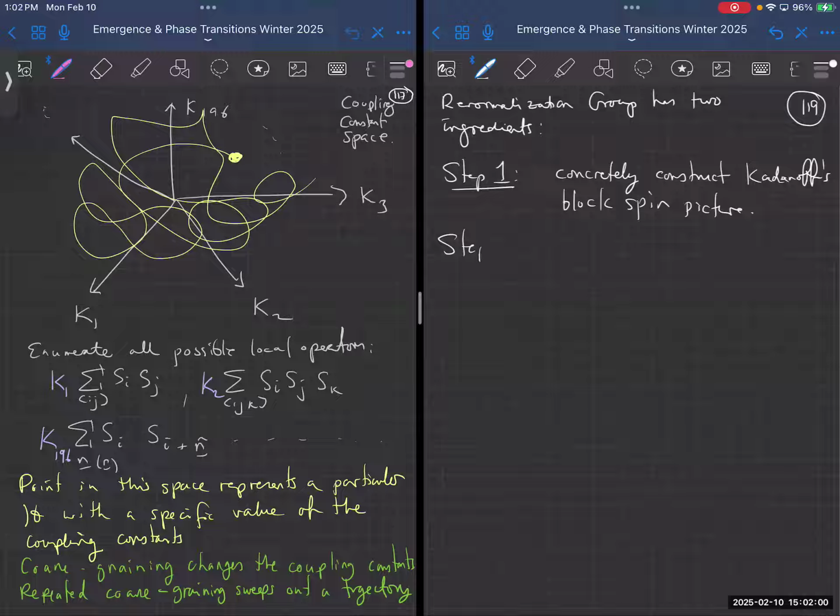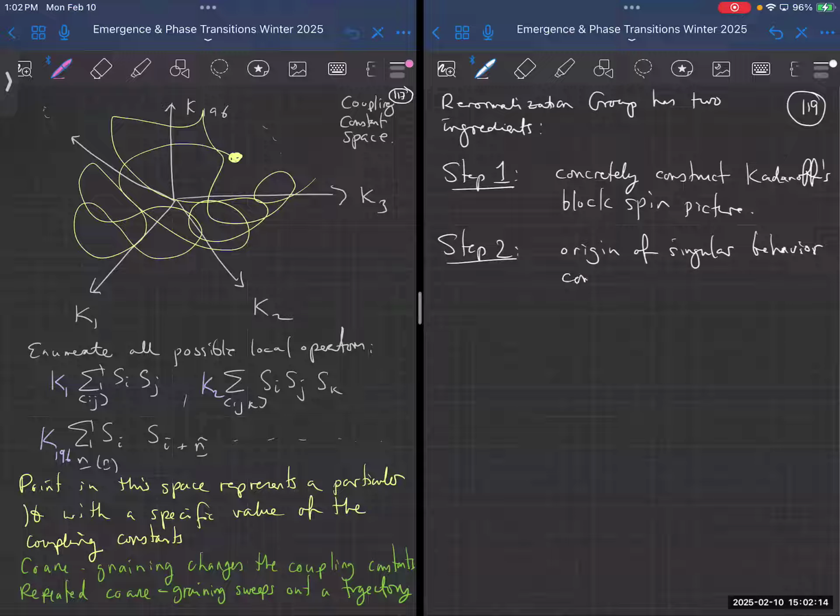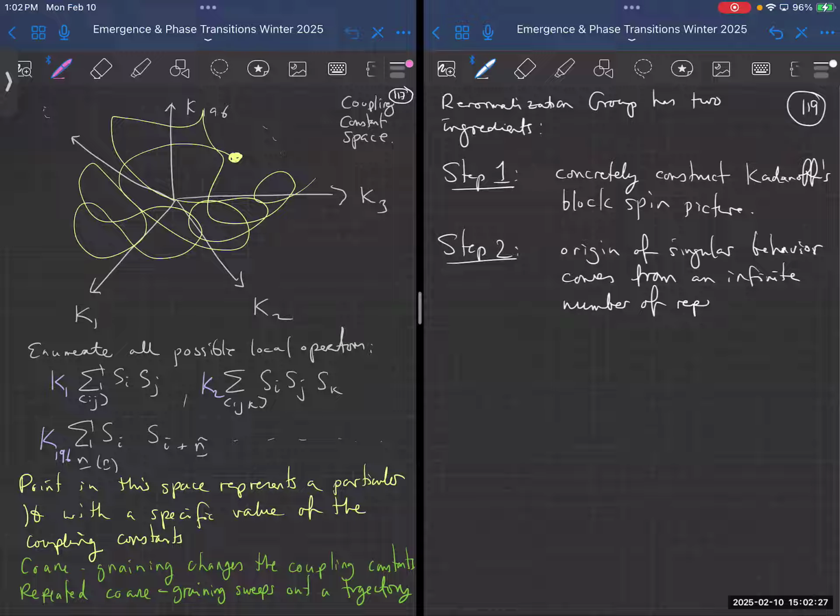And then step two, we're going to see that the origin of singular behavior comes from an infinite number of repetitions of a renormalization group transformation.